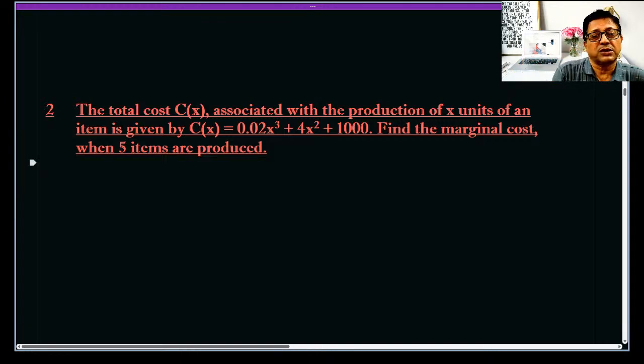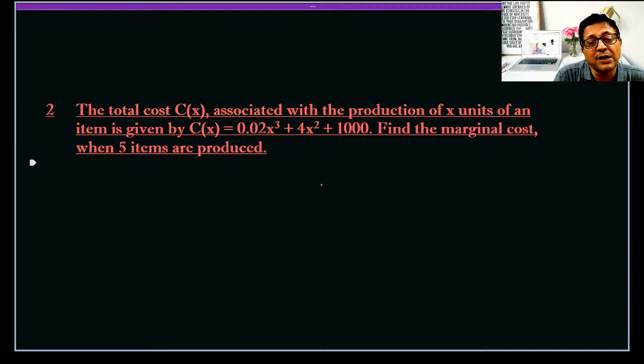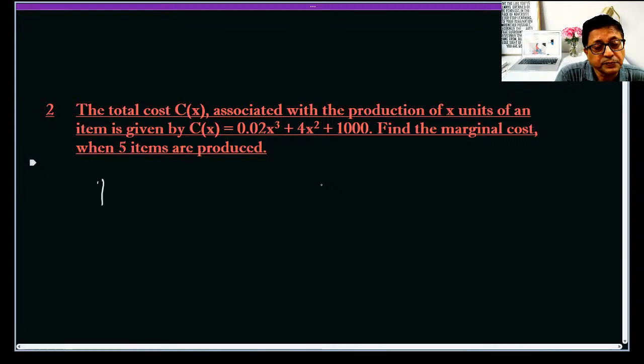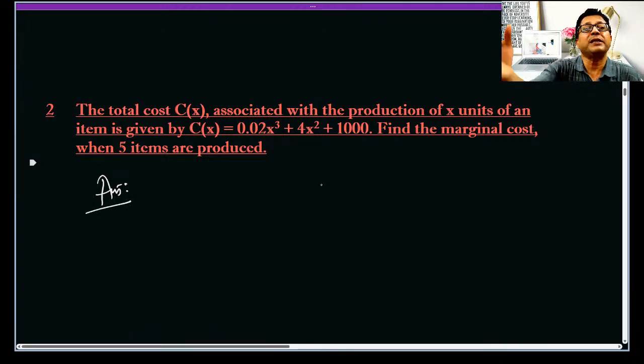Find the marginal cost. Marginal cost or marginal revenue, I am defining both. Revenue function means that is something like selling price. Cost function means the manufacturing cost.